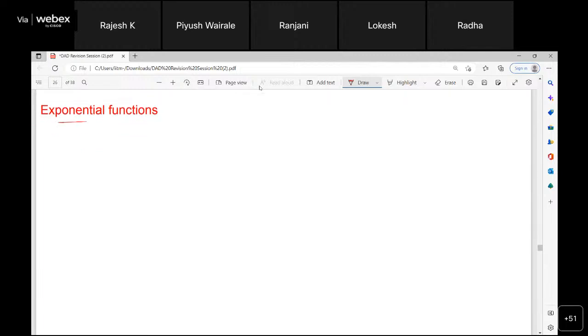Now the exponential function. Suppose f of x equals a to the power x, right? Now what values can a take? x can take any real value, right? But what about a?